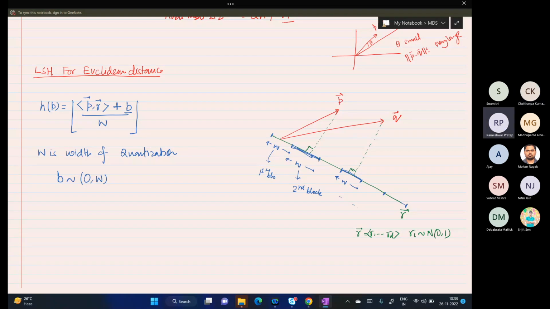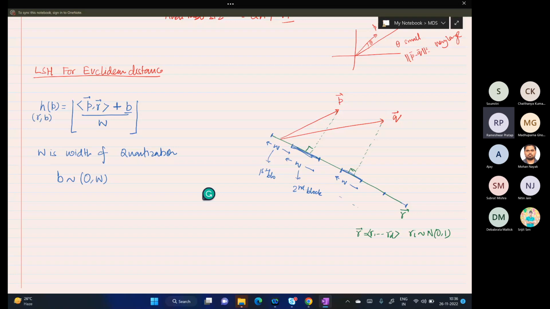Yeah, so this hash function is basically determined by R and B. W is kind of fixed.